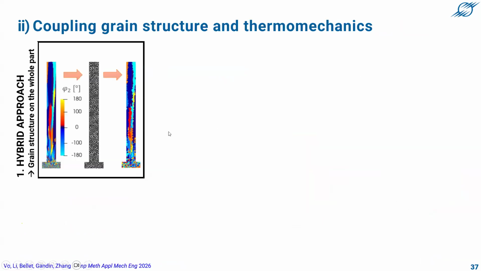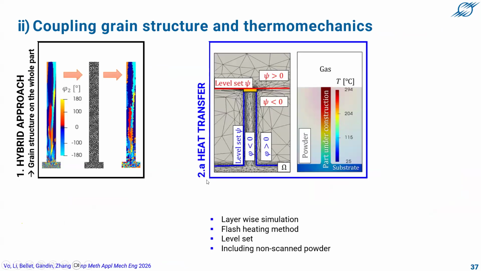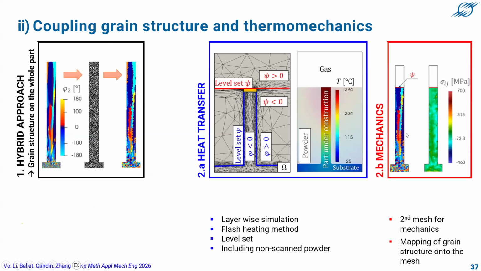And once you have done this, using this hybrid approach, you generate the grain structure along the part, and in a second step, you activate the heat transfer calculation at the scale of the part using the level set formulation, and the mechanics as well.